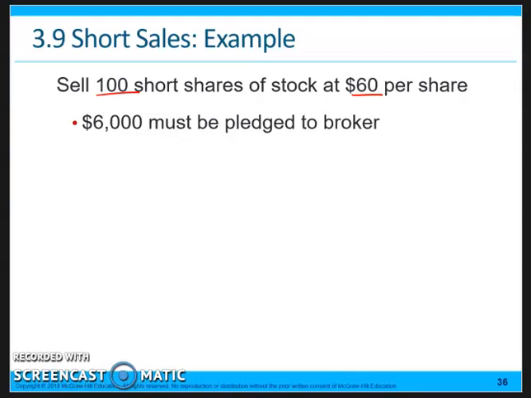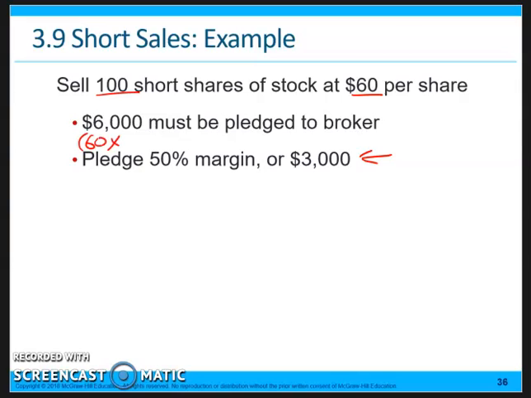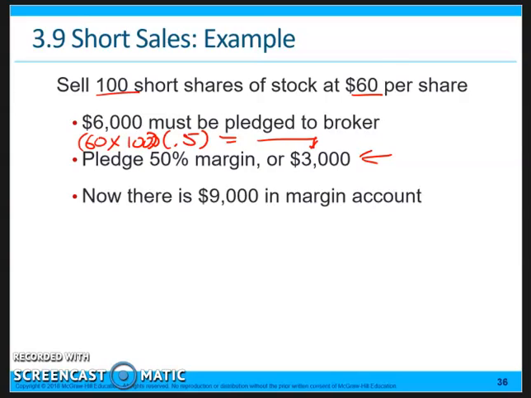Then the 50% margin is going to be $3,000. What you would deposit is 6,000 times 0.5. So that's your $3,000, and now the total in that account is $9,000.